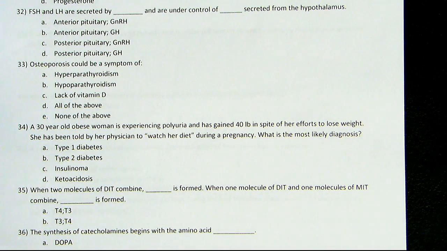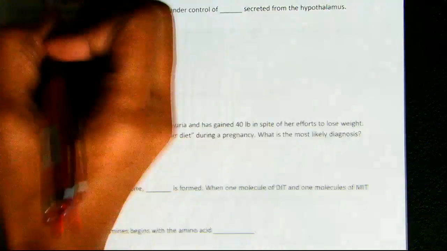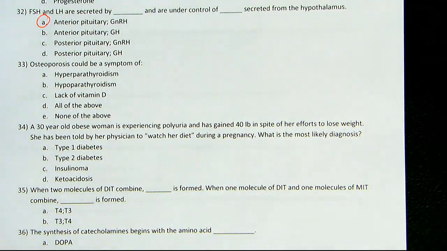FSH and LH are secreted by what organ and are under control of blank, secreted from the hypothalamus. So FSH and LH are secreted by the anterior pituitary gland and they are under the control of gonadotropin releasing hormone. Whenever you guys see releasing hormones, remember that those are coming from the hypothalamus.